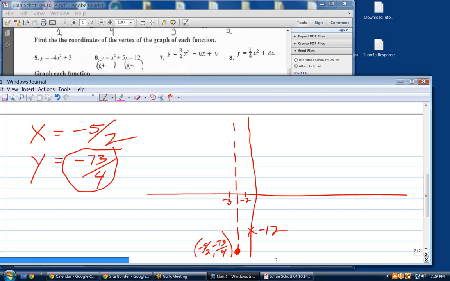I know that the curve has to go through that point there, like that. What else do I know? I know that it's symmetrical about that line of symmetry. So I know that that minus 12 has to exist somewhere right there also. What is the x-coordinate on this point? I know what the x-coordinate on this point is. It's 0. But the x-coordinate on this point is not 0. Y-coordinate is minus 12. What is the x-coordinate on that?